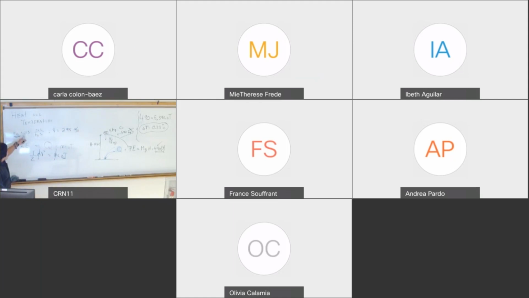We just have to change this. That's why they tell you that 1 calorie is 4.18 joules. So I can convert my specific heat from calories to joules.